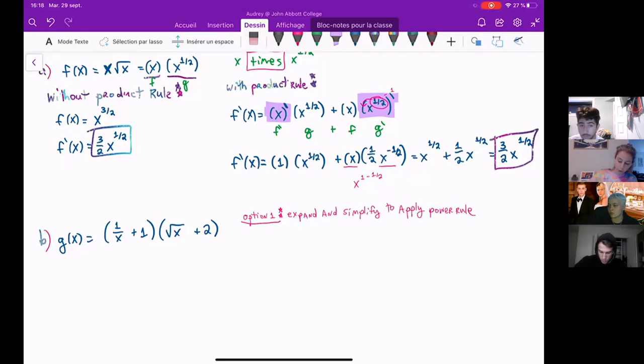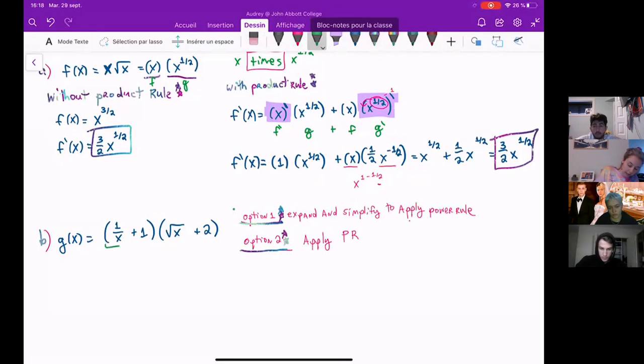And my option 2 is to not do that and to just immediately apply the product rule. And we're going to go with option 2.